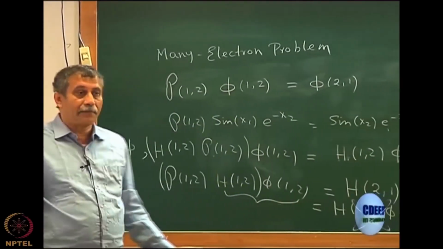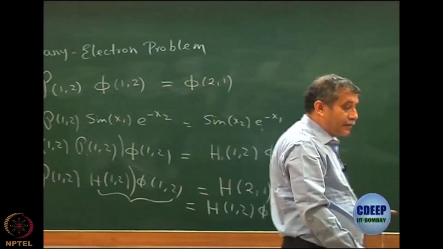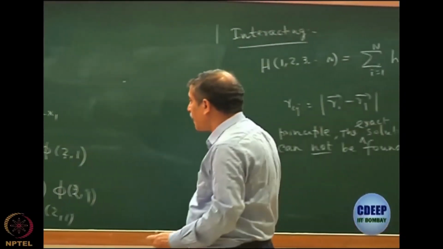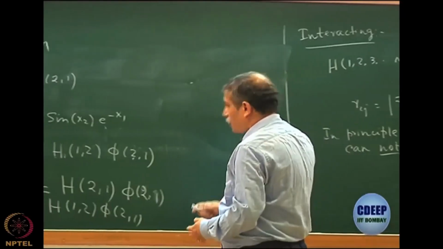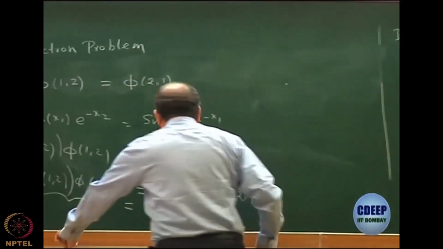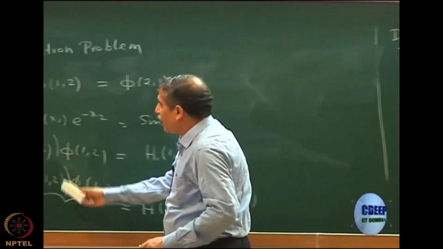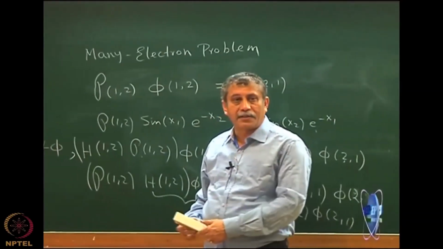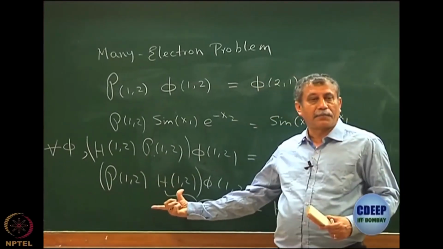This may or may not be same, but the results are the same simply because H of 1 2 is equal to H of 2 1. So, with that we can now note that if this is true for any arbitrary function phi, what does it mean? That this operator is identical to this operator.